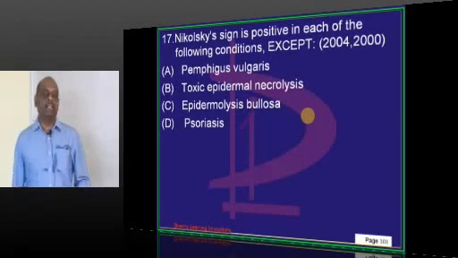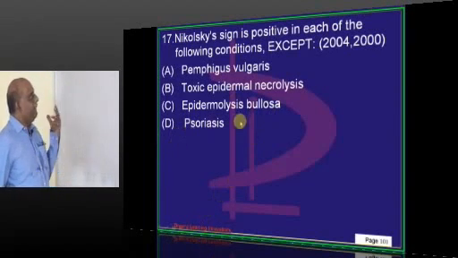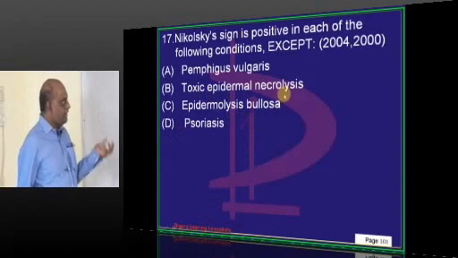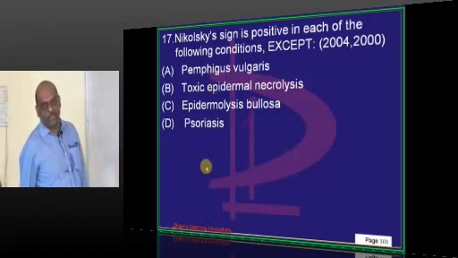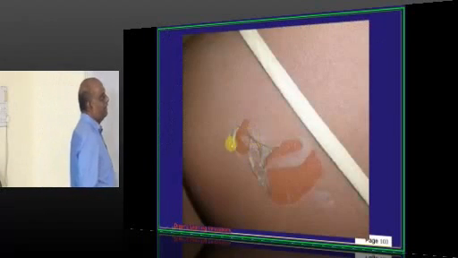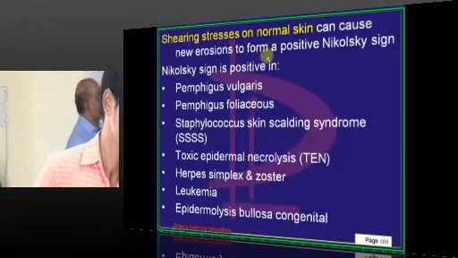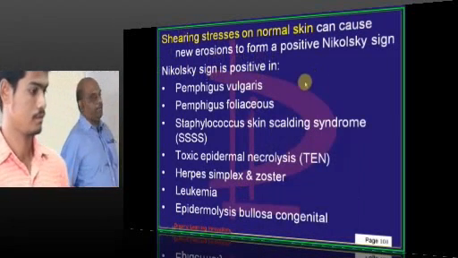Now Nikolsky sign. What are the conditions where you see it? Epidermolysis bullosa, toxic epidermal necrolysis, but not in psoriasis. It is also seen in pemphigus vulgaris is what you need to remember. So this peeled out skin in case of Nikolsky sign positivity is what needs to be remembered.